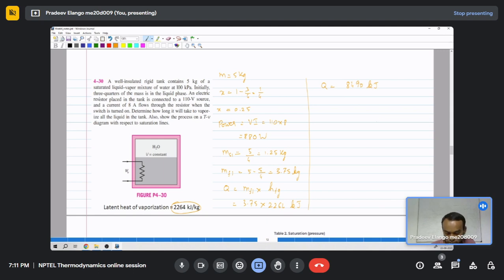Now this heat transfer should occur by a power source of 880 watts. So Q is equal to power into time, so time is Q by power. So this is 8490 into 10 power 3 divided by 880 watts.